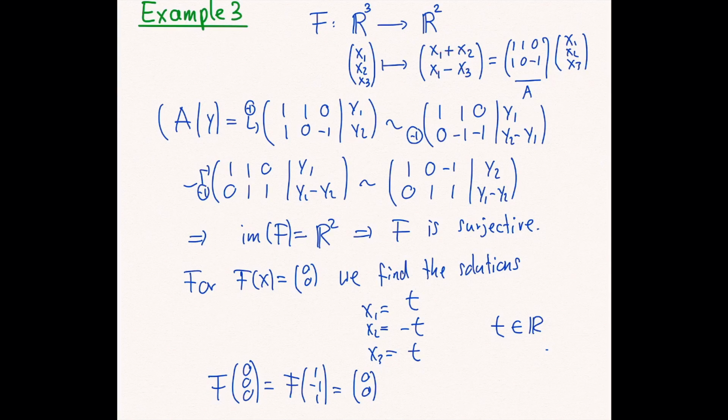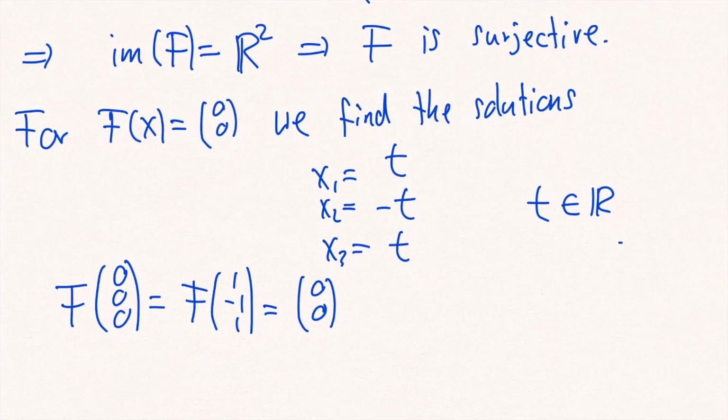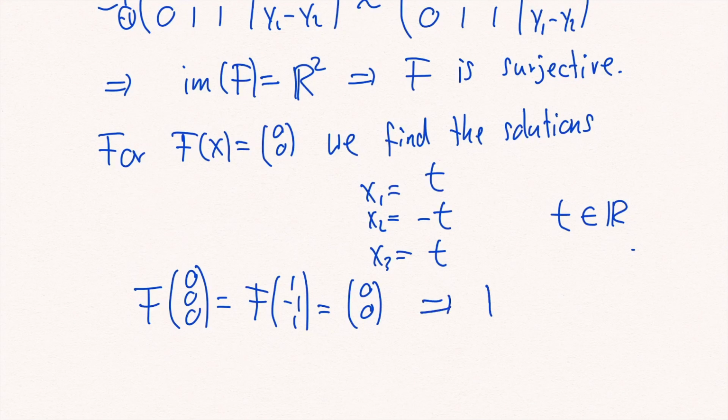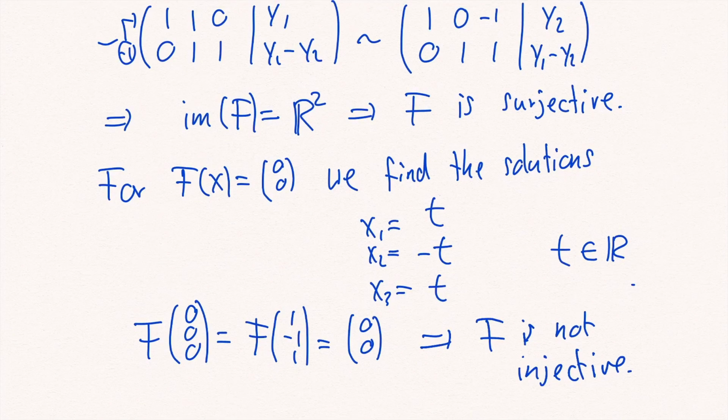And if I choose x1 to be 1 and x2 to be minus 1, then this here is 0. And if x3 is also 1, then 1 minus 1 is 0. So this also gives 0. Yeah, so this shows that f is not injective. So in this example, f is surjective, but not injective.